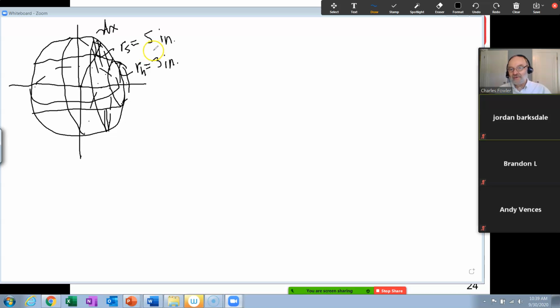So we sort of need to get the equation for that sphere. Let's see how to say this. The formula for the volume of a sphere is not really what we're doing here.